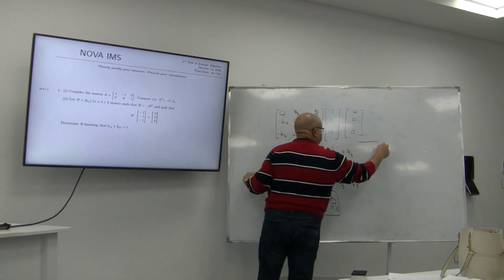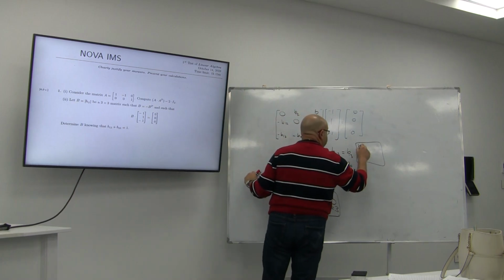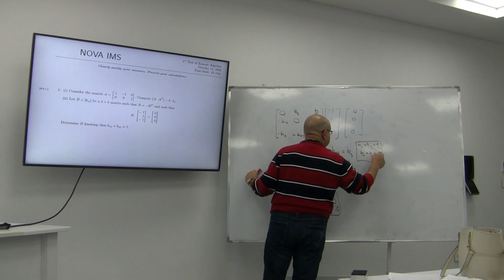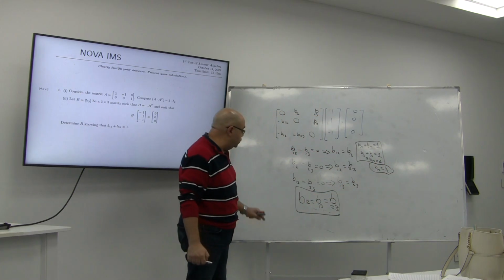So now you have another equation stating that B12 plus B23 equal 1. That's B12 plus another B12 equal positive 1. That's 2B12 equal 1, which means B12 equal 1 over 2. Now you know the value of B12.